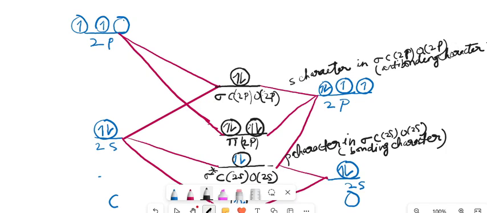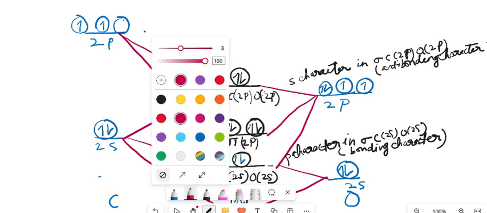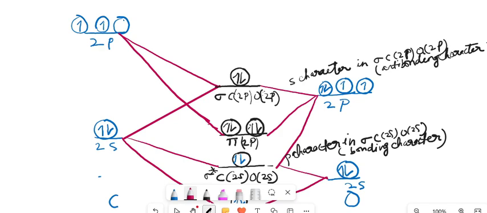That is why it is raised in energy level as compared to pi 2p, and it becomes the highest occupied molecular orbital, HOMO, in the case of carbon monoxide.